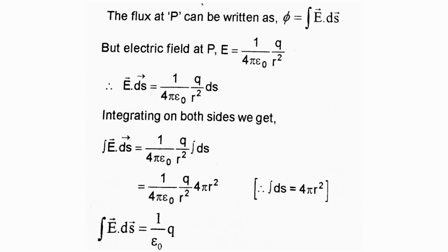Then we get 1 by 4 pi epsilon 0 q by r square into 4 pi r square. Then 4 pi r square and 4 pi r square get cancelled. What is remaining? Integral E ds is equal to 1 by epsilon 0 q. That is the proof. Clear?